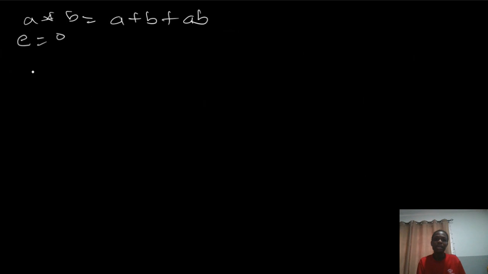Now we know that a star a inverse is equal to e. So we put a star a inverse into the rule. Here we'll get a plus a inverse plus a a inverse is equal to e, which is 0.